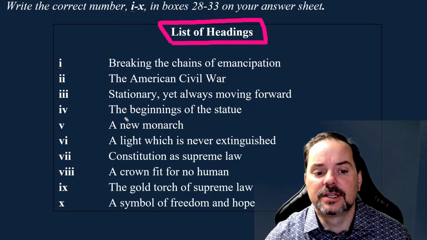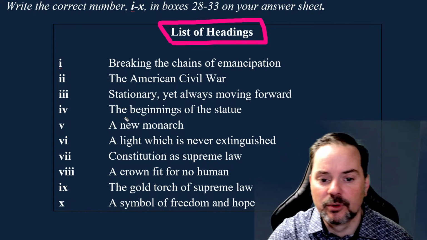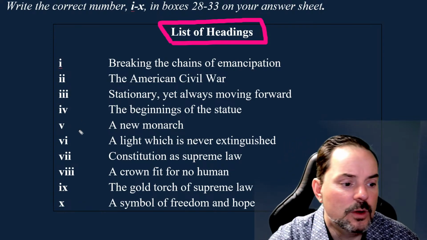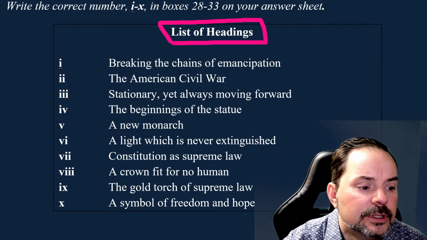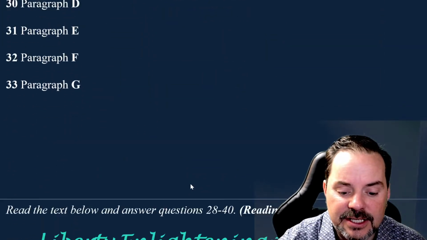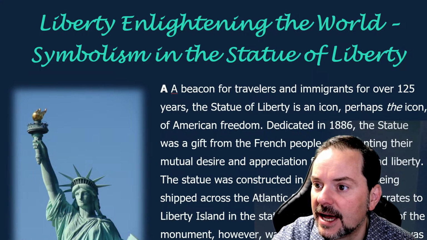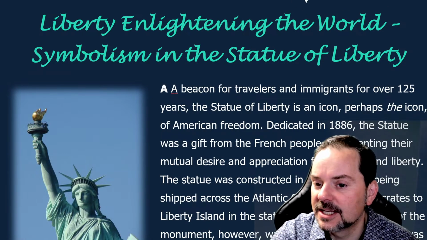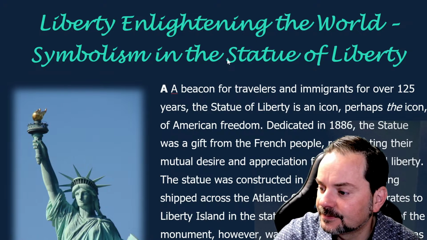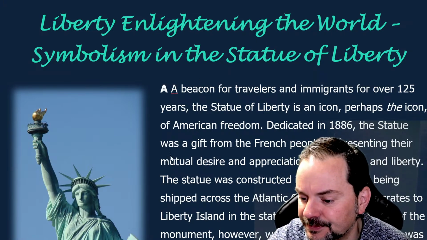How do I start this? What is my first step? Step number 1. What do I do? And list of headings obviously comes before the passage. So here's the passage, and list of headings comes before that. So what do I do? Flong says paraphrase it. Almost. Flong, almost.